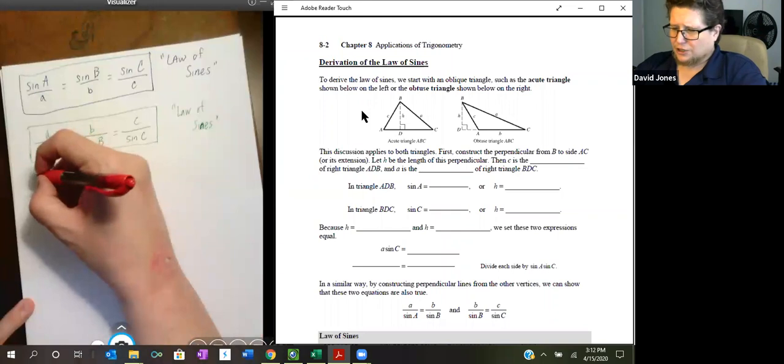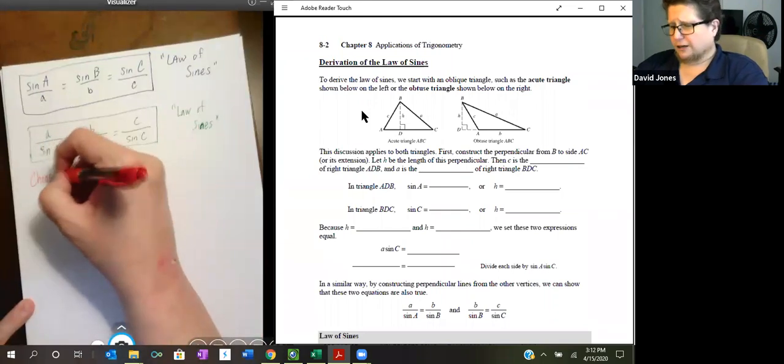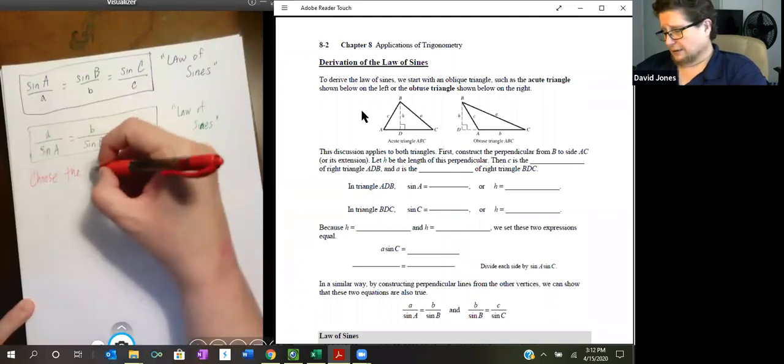And choose the one where your variable is not in the denominator.